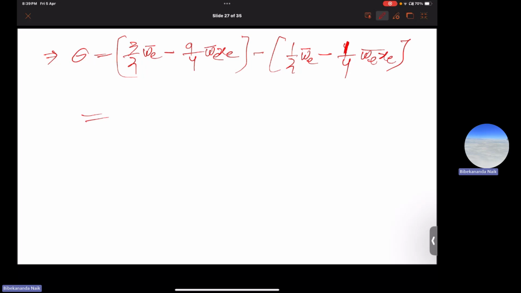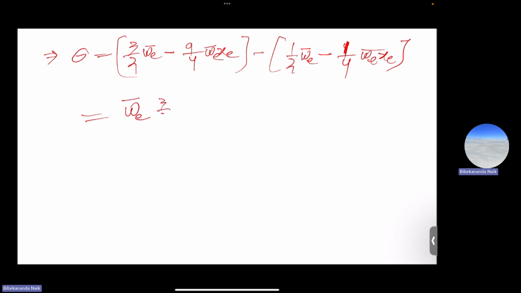So if you calculate, it will give you omega E bar (3 by 2 minus 1 by 2) minus omega E bar xc (9 by 4 minus 1 by 4).